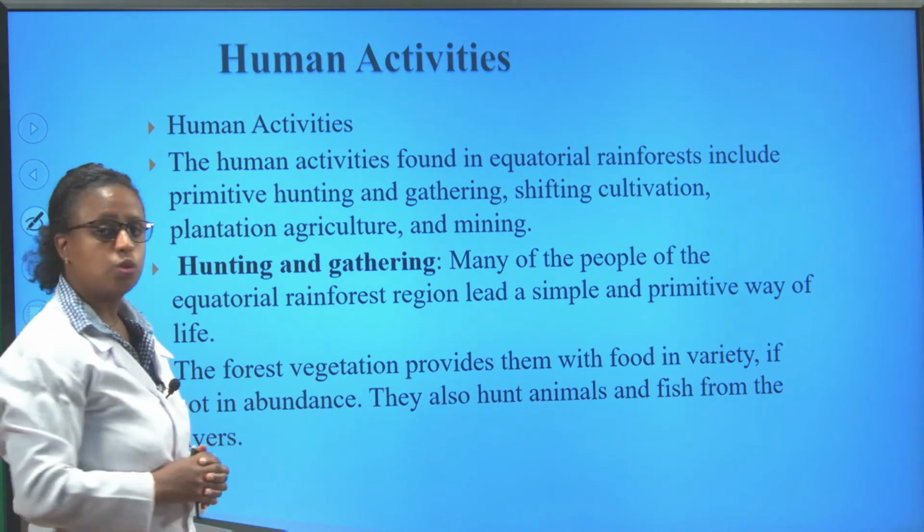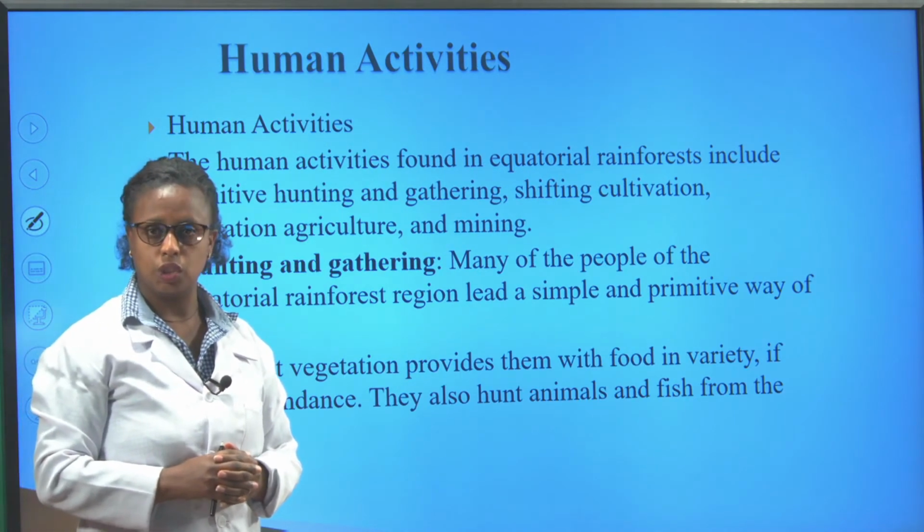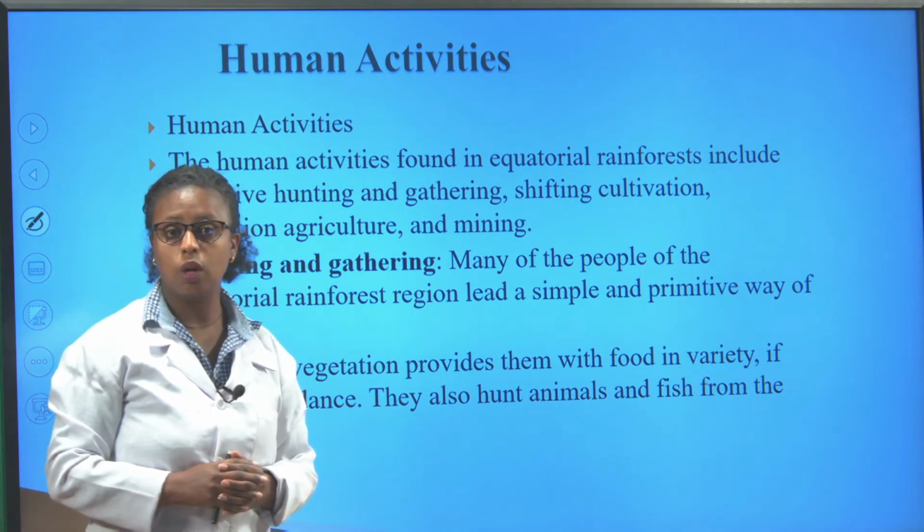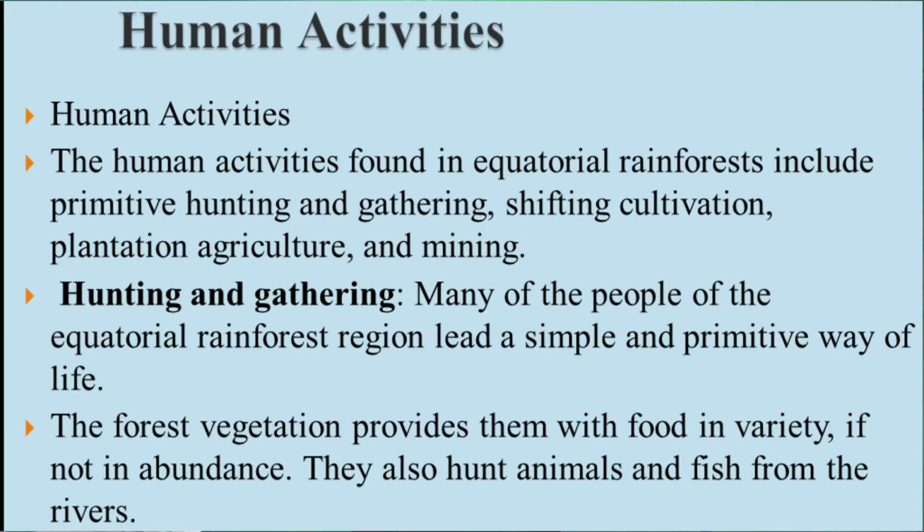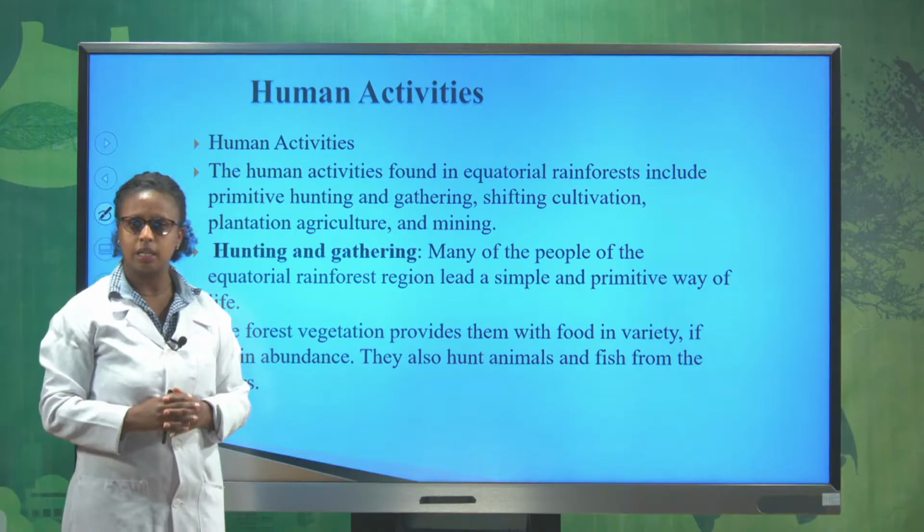Let's proceed to the human activities of the region. Most of the people in the equatorial rainforest region depend on primitive hunting and gathering. They also live on shifting cultivation, plantation agriculture, and mining. These are the major economic activities of the people in the equatorial rainforest region. Let's see hunting and gathering first.